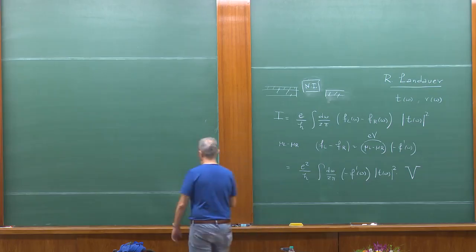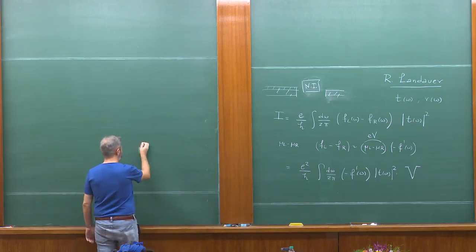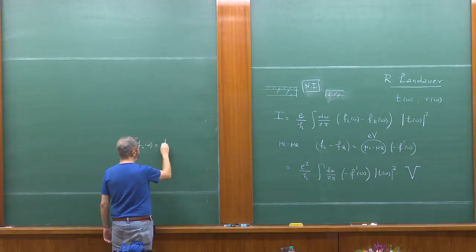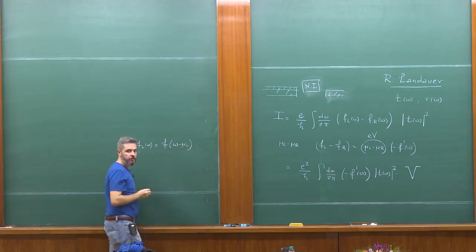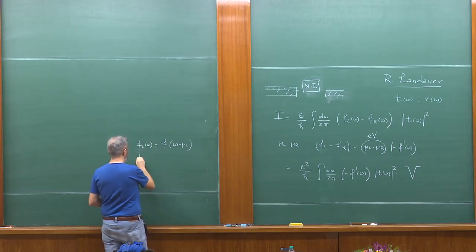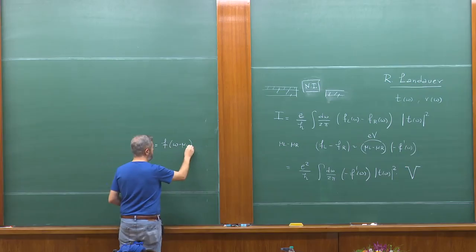Well, so F left of omega is equal to the Fermi function of omega minus mu left. Let's take the Fermi function without a chemical potential. F right of omega is equal to the same thing.